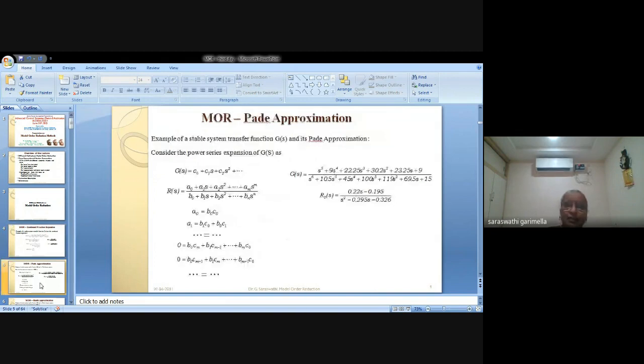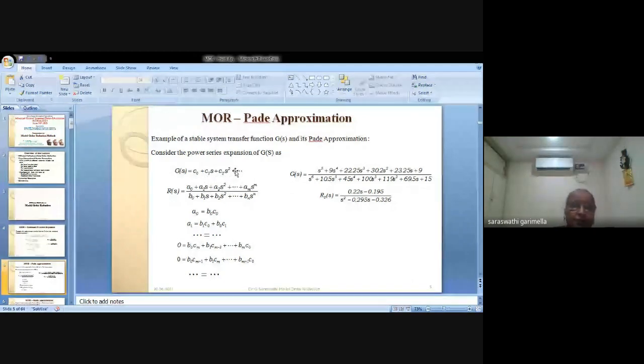So there is another method, some people say Pade, or we say Pade approximation as per spelling. In the Pade approximation, this is a transfer function with the numerator polynomial and denominator polynomial. It is a long division, C0 plus C1s plus C2s square. So it is being written in this form.